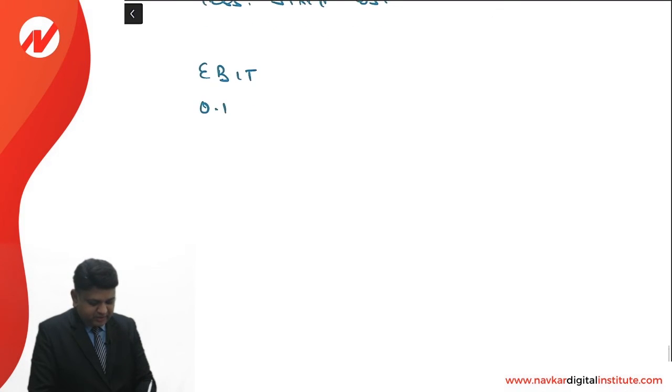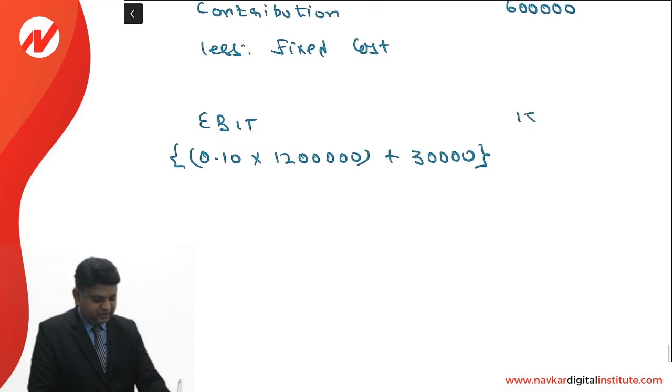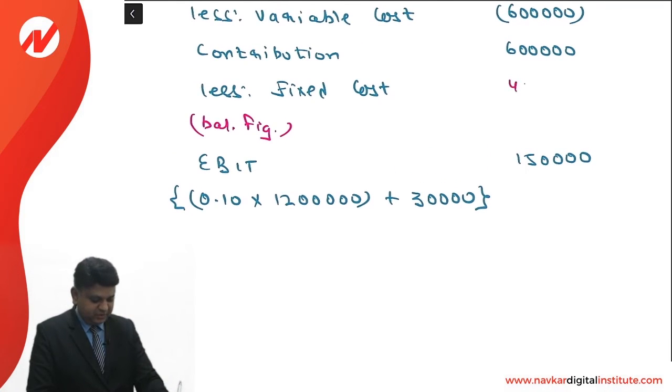So it is 0.10 into x, which we have now 12 lakhs, plus 30,000. So what will happen, dear students? 1,20,000 plus 30,000, that is 1,50,000. So fixed cost will be found as balancing figure. Amount of the fixed cost will be 4,50,000.